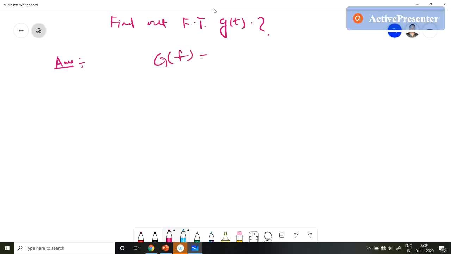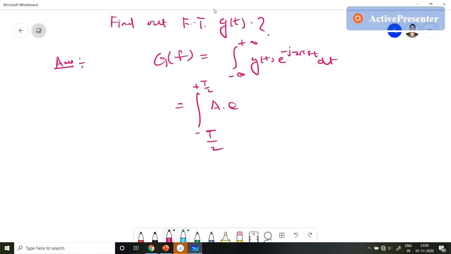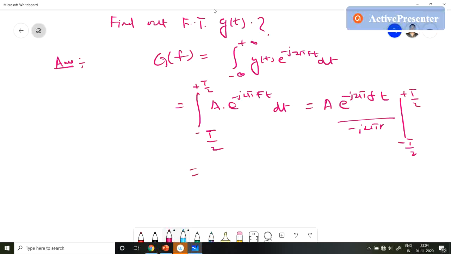So the Fourier transform is G(f), and what is G(f)? G(f) is written as the integral from minus infinity to plus infinity of g(t) e raised to the power minus j2 pi ft dt. And we can see that from minus T by 2 to plus T by 2 this is A, so A e raised to the power minus j2 pi ft dt, and the solution of this is simply AT sinc(fT).